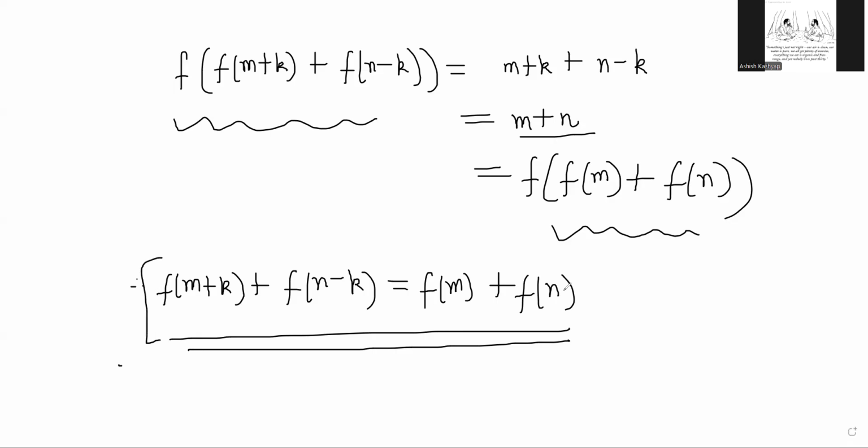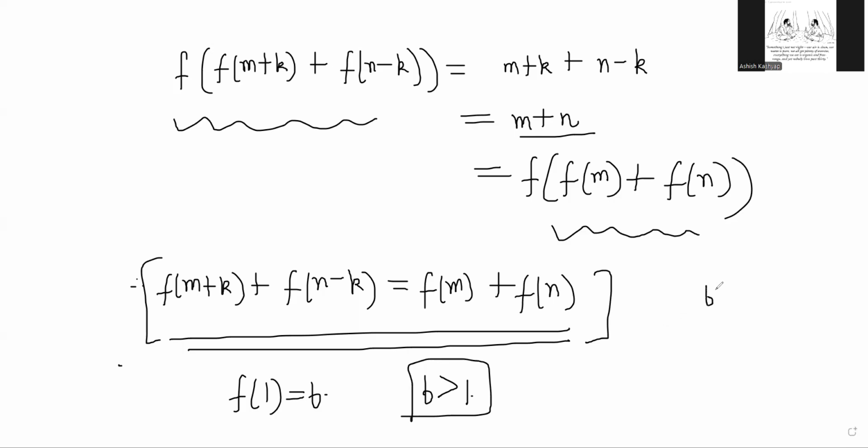And this is the result that we used at the end when we said, assume f of 1 is b, find out f. We did a contradiction. We said, let's say b is greater than 1. And we showed that it is impossible. If b is greater than 1, you will get basically b should be greater than or equal to 2.